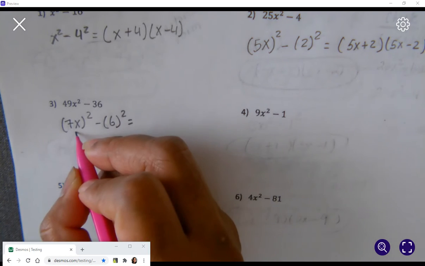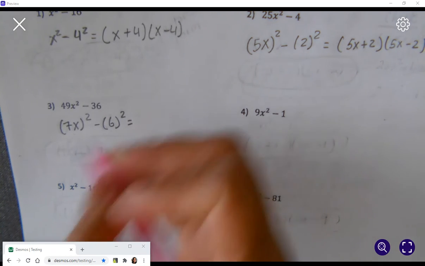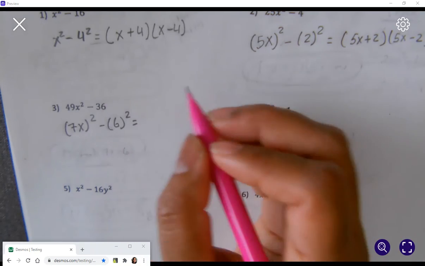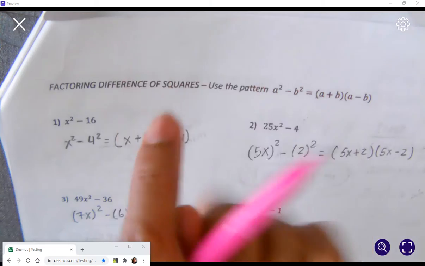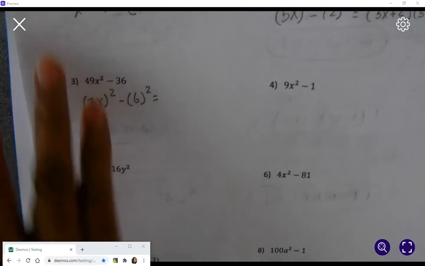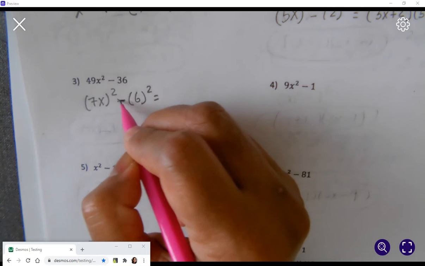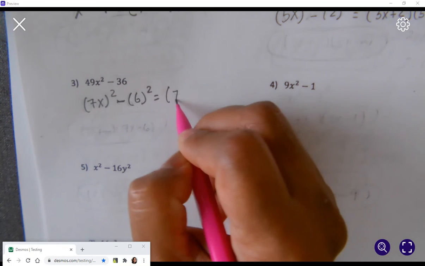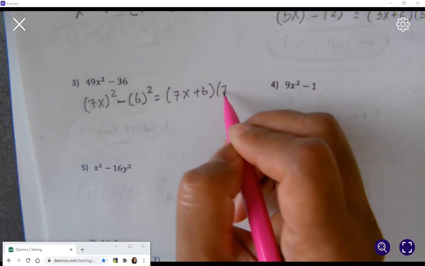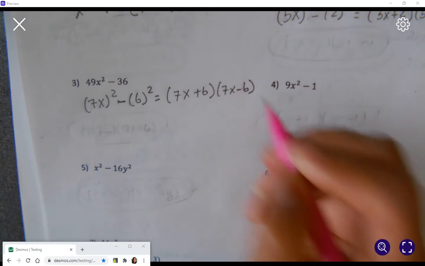Okay, so you have a squared minus b squared, and this only works if there's a minus sign in between. This formula is called difference of squares. Difference is subtraction, minus sign. So you have 7x plus 6, 7x minus 6.